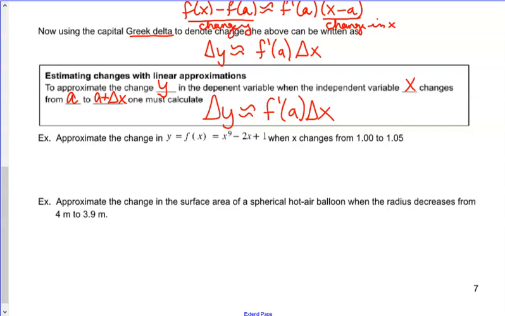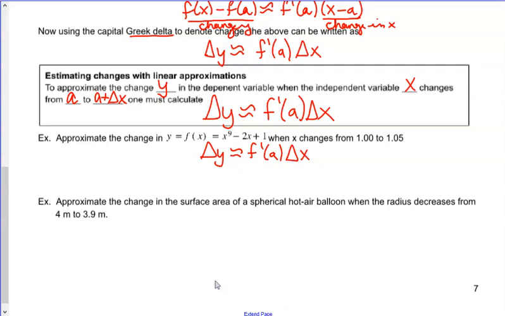And we have a couple applications here for that. We want to approximate the change in y, which we can refer to as f of x as well, in this function when x changes from 1.0 to 1.05. So I need to know what the change in y is in regards to the first derivative at a times delta x.